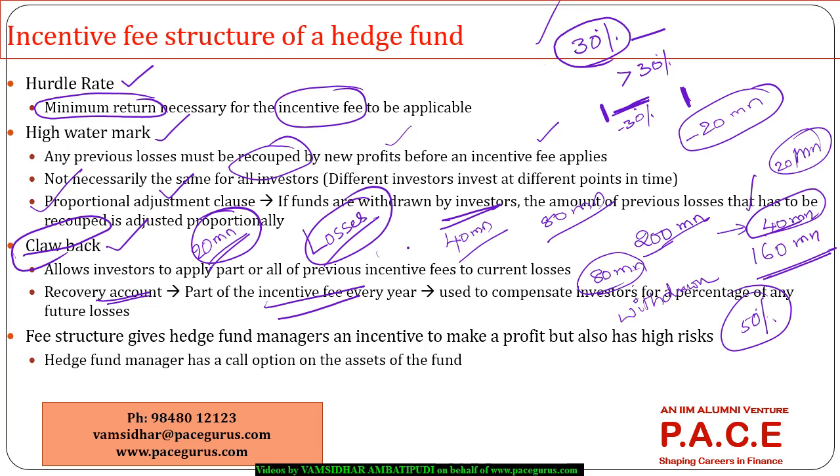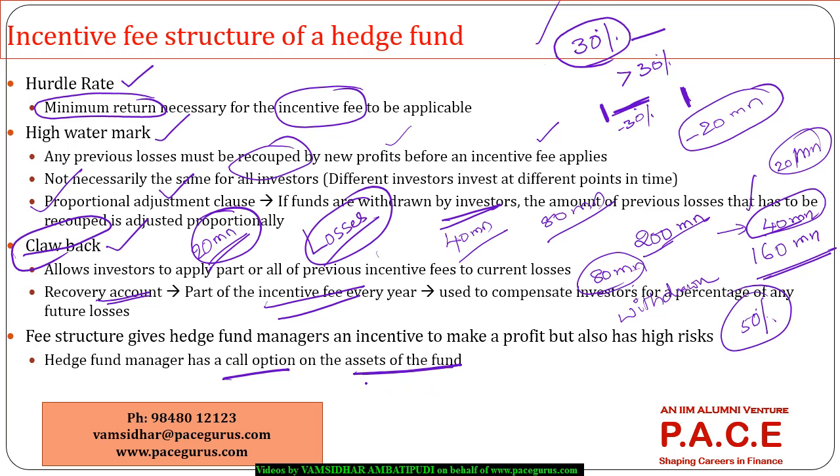The fee structure, as we have seen in the earlier numerical, generally gives the hedge fund manager a big incentive to take high risk. And having all these kinds of clawbacks, hurdle rates, watermark will really put some kind of cap on the high risk taking ability of the hedge fund manager. Because traditionally, if you look at the hedge fund manager, he is having a call option on the assets of the fund.